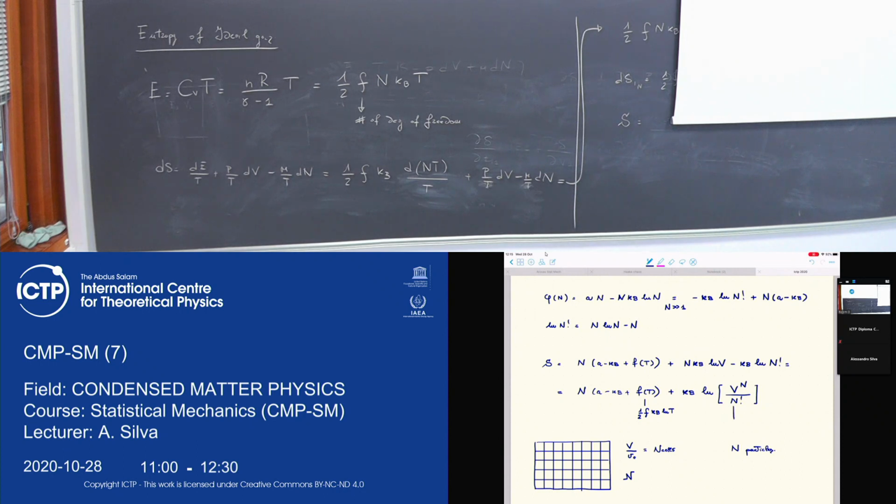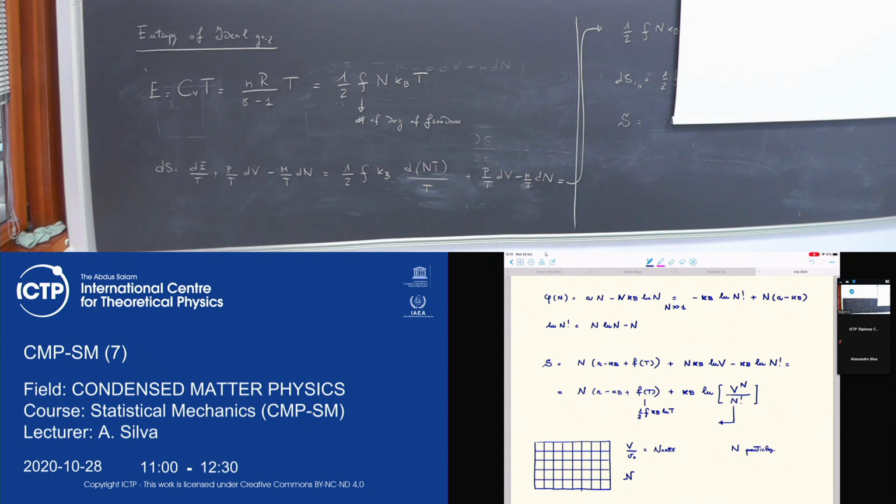V over, so if you think this way, then this V to the power n divided by n factorial is nothing but the total number of configurations of n particles inside your volume discretized in a certain way. Otherwise we stay here forever.